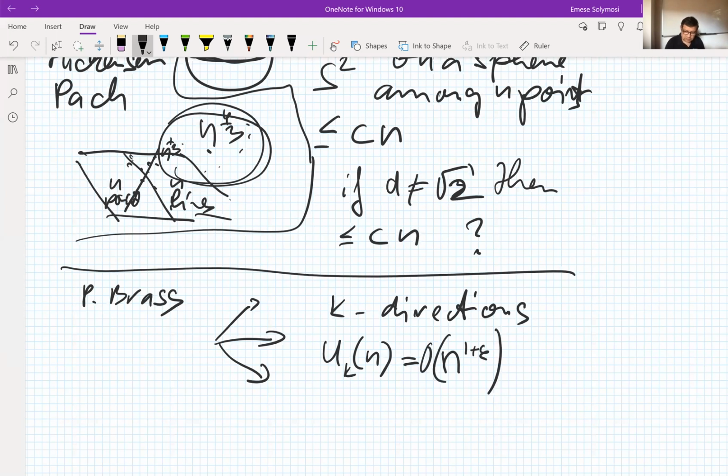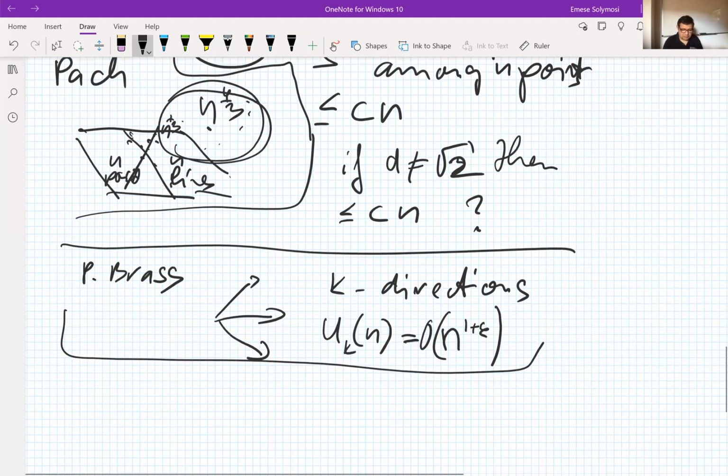This is a true statement. So for a fixed number of directions, that's good, but this can be generalized.